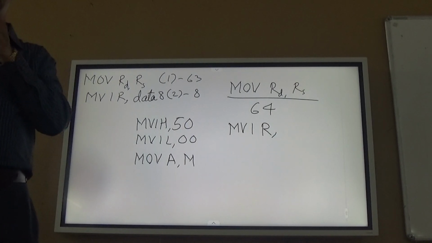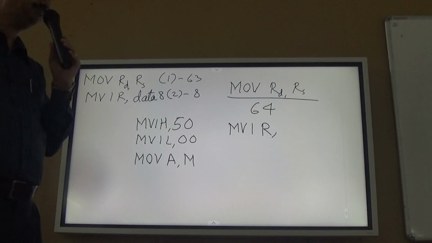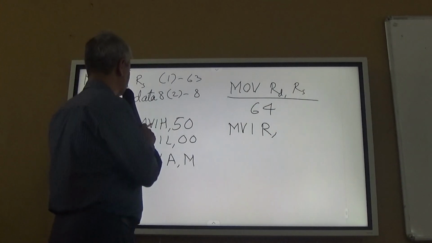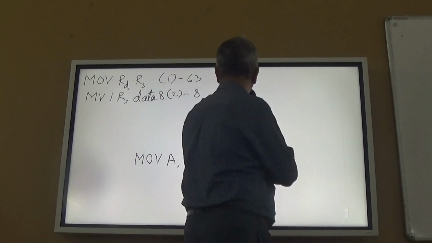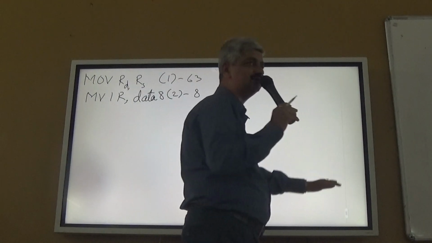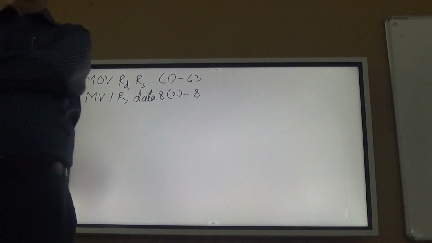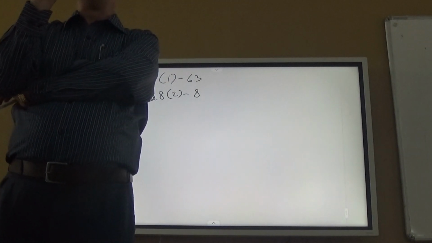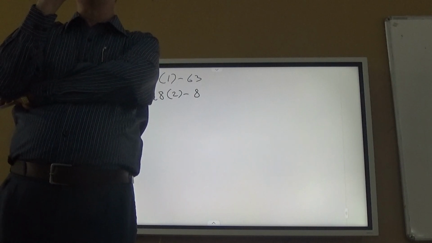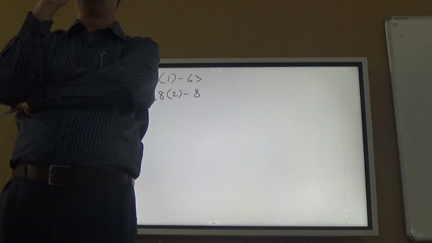Now, what is the instruction? Anybody remembers that? That is the next data transfer instruction. Now I listen very carefully. The next data transfer instruction is LDA. Load accumulator from.